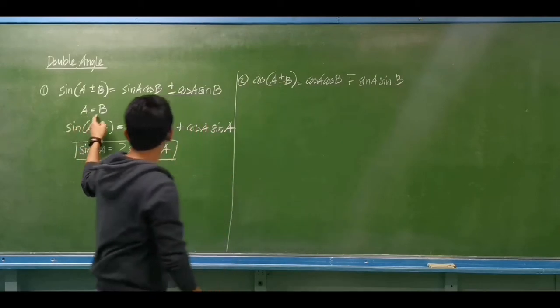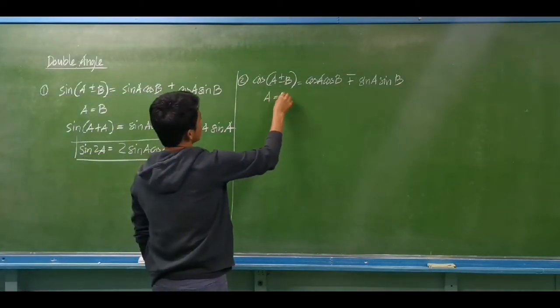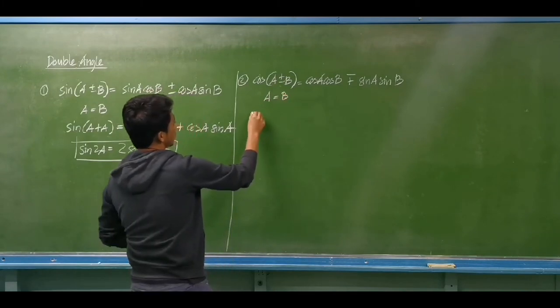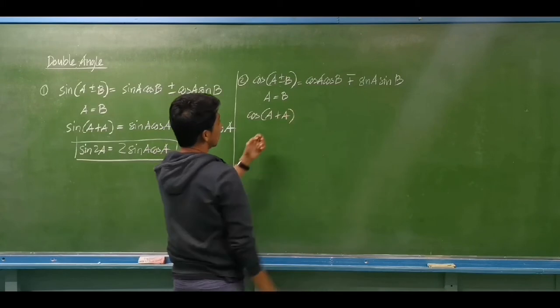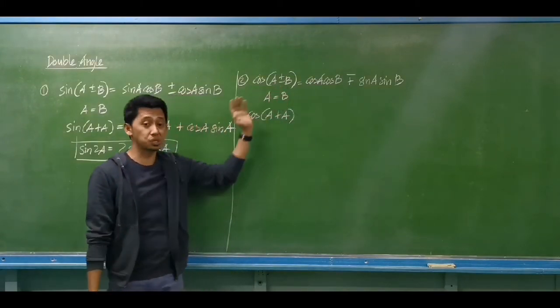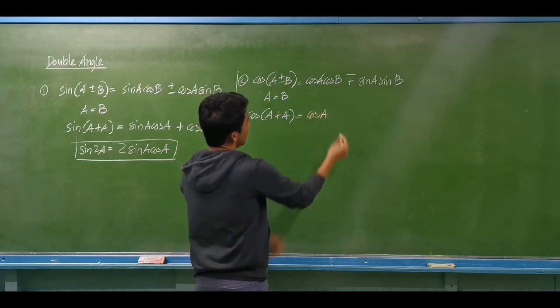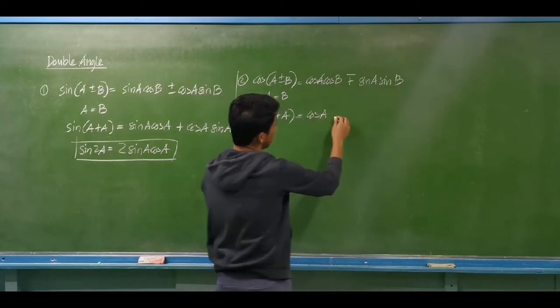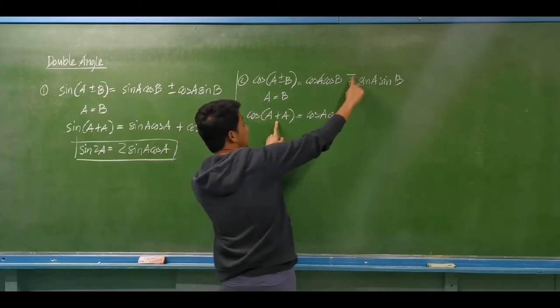So again, kailan magkakaroon ng double angle identity? If angle A is equal to angle B. So we have the cosine of angle A plus angle A. Okay, neneglect ulit natin yung minus kasi magsisiro lang yun. Is now equal to cosine of angle A. Palitan lang natin lahat ng B ng A. So magiging cosine of A. Okay, kapag addition, subtraction.